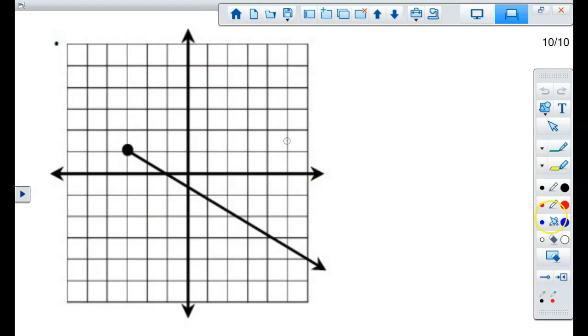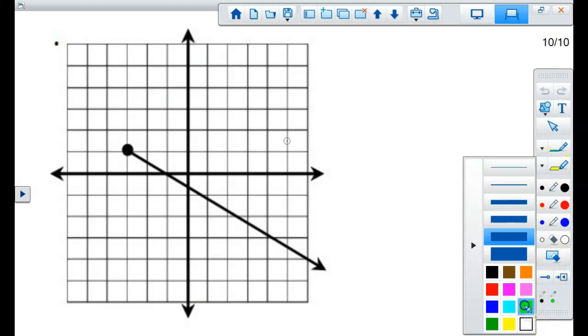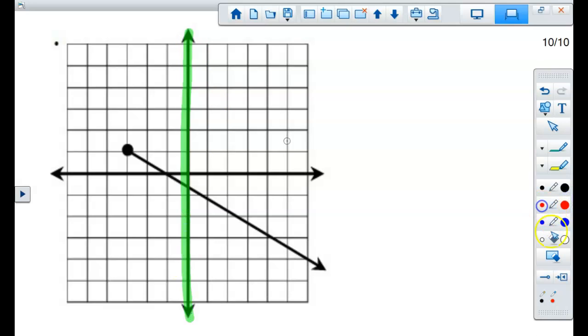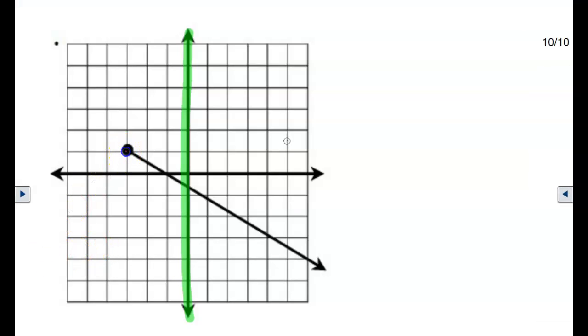All right, last one. This time I'm doing range, so I am tracing to the y-axis. So if I start with this point, and then work my way down, and I switch sides.